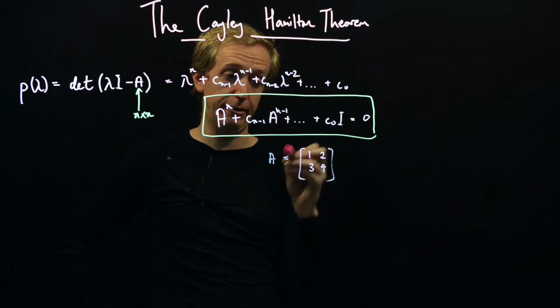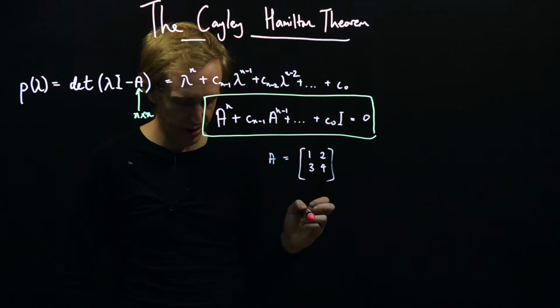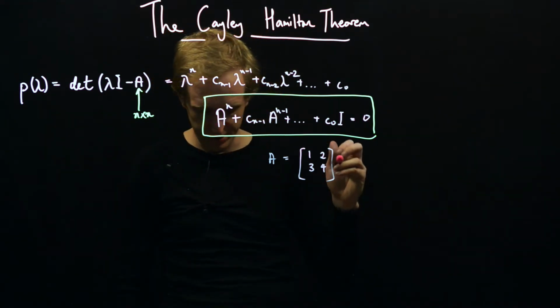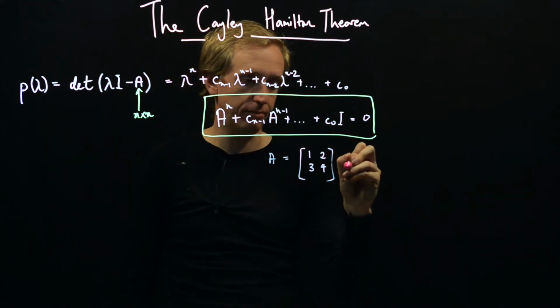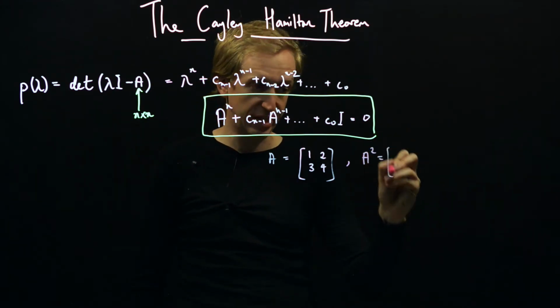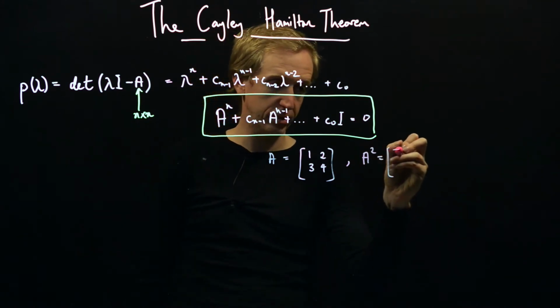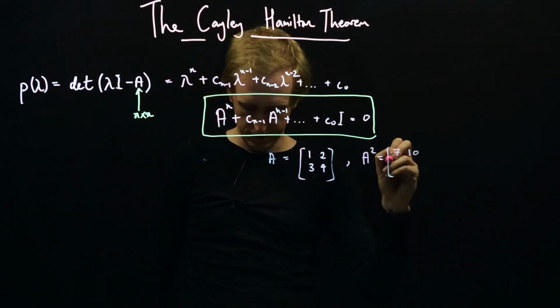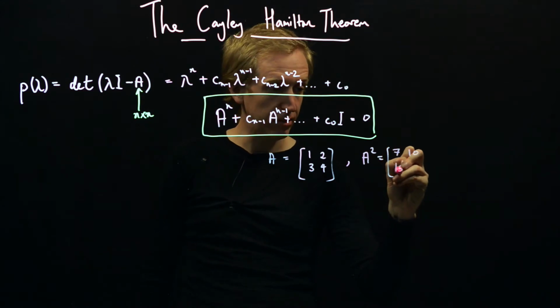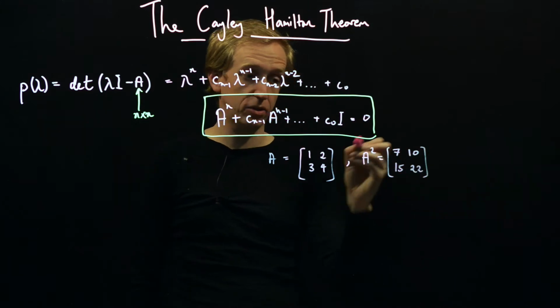We need to work out the characteristic polynomial for this matrix, and we also need to raise this matrix to various powers. You can check this easily for yourself. If I take this matrix and multiply it by itself, I get the matrix 7, 10, 15, and 22. So that's the matrix squared.